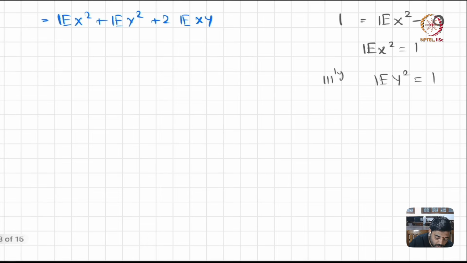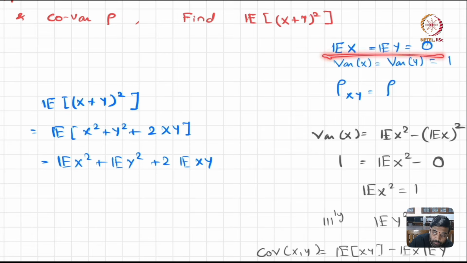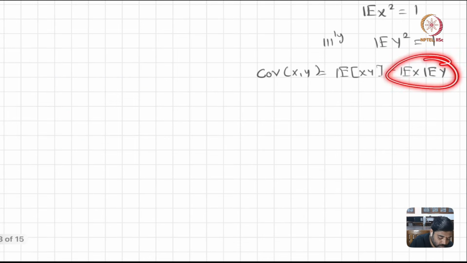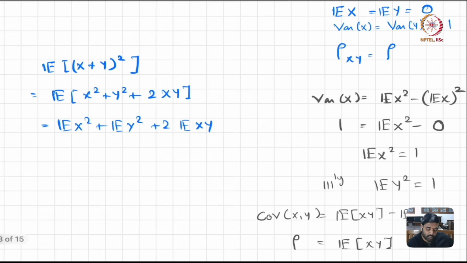We know that the covariance of xy is given by expectation of xy minus expectation of x into expectation of y. Expectation of x and expectation of y are 0, therefore this term is 0. Therefore, rho is expectation of xy. Done. I got all the values.